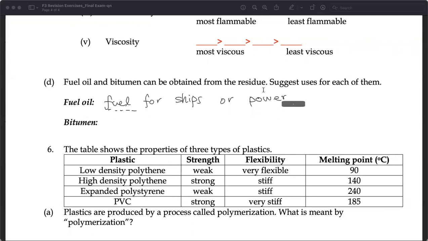So this is the fuel for ships and power plants, while bitumen is the material for covering roads. It is a kind of material to cover the road. So we have to say fuel or material this time. This is question 5.